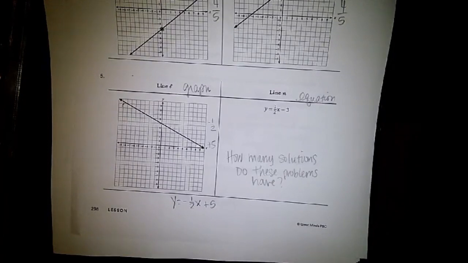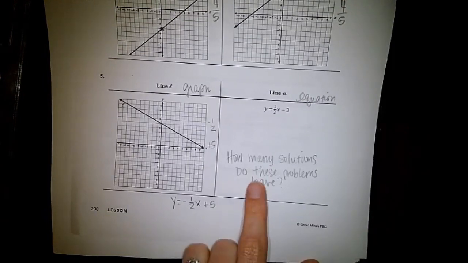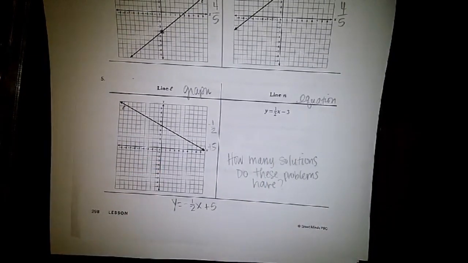Class? Why not? Okay, and so how many solutions do these two problems have? Just a question. How many solutions do they have? What would determine that?